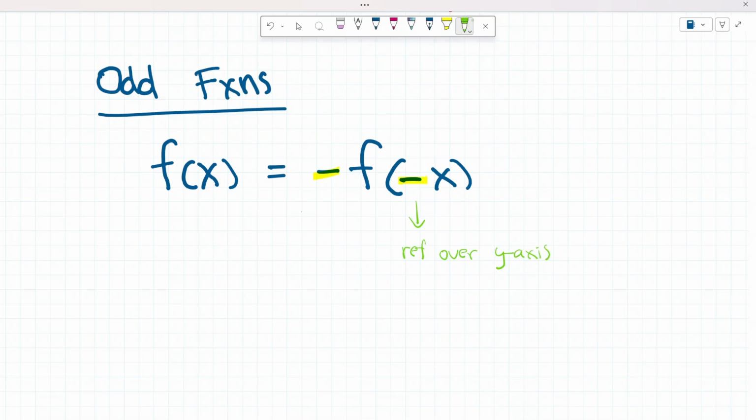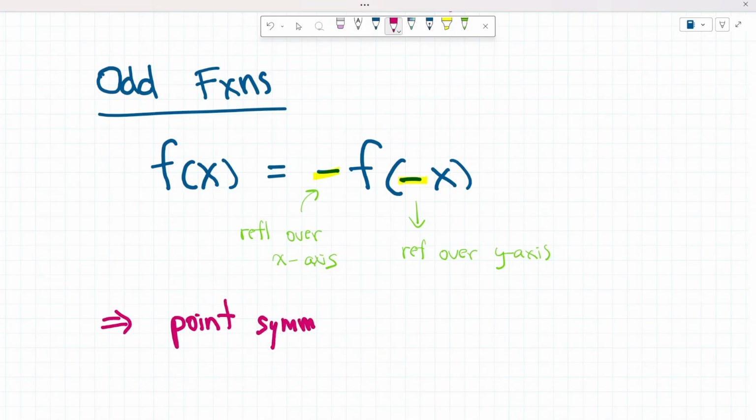And we know that a negative at the top represents a reflection over the x-axis. So essentially, if we do these two reflections and our function is the same as the original, then we have an odd function.